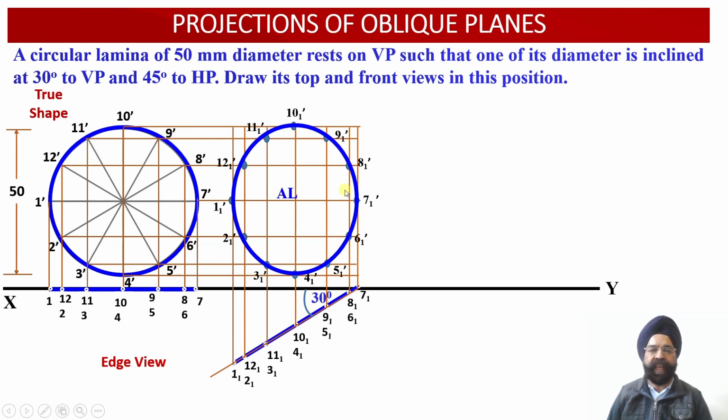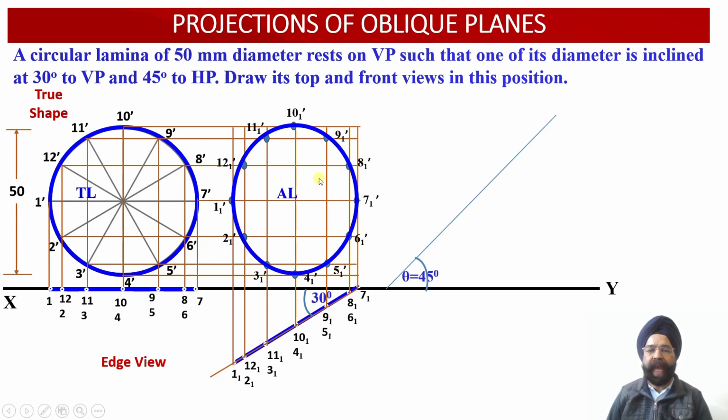Now we have to rotate and transform this apparent shape elevation projection into the new orientation. But over here we observe that 1 1 dash and 7 1 dash is the apparent length, whereas the angle of inclination, angle theta, is given to us with respect to the true length of the diameter.